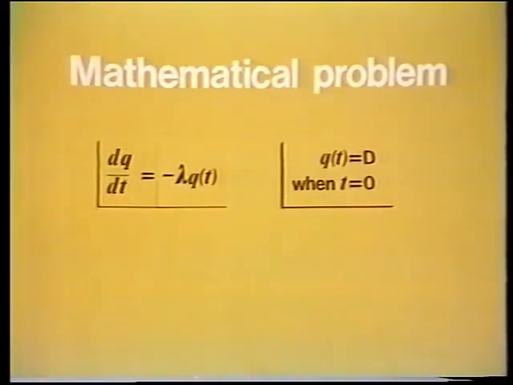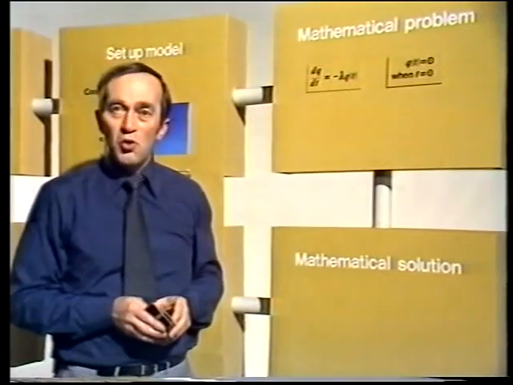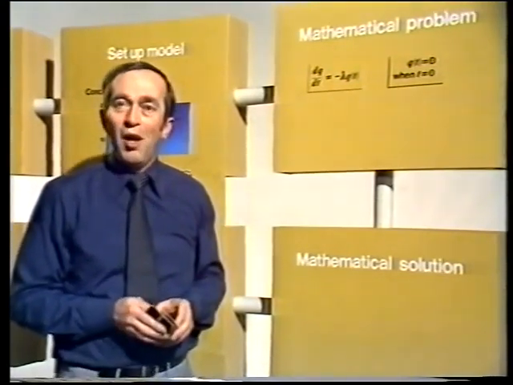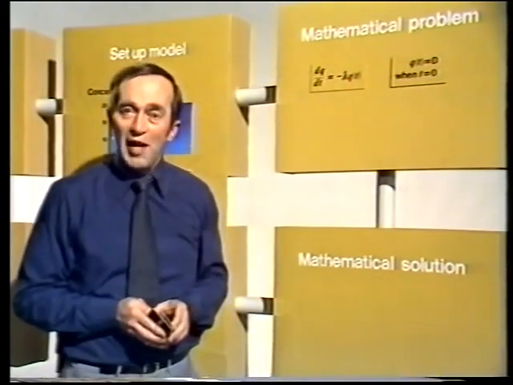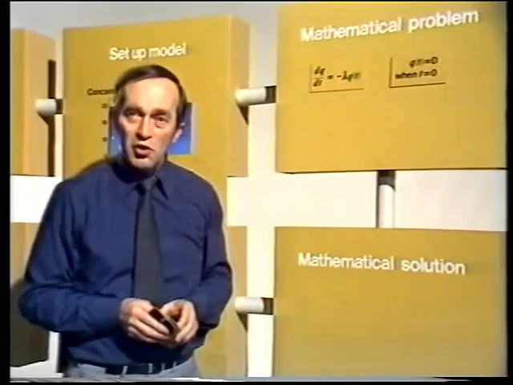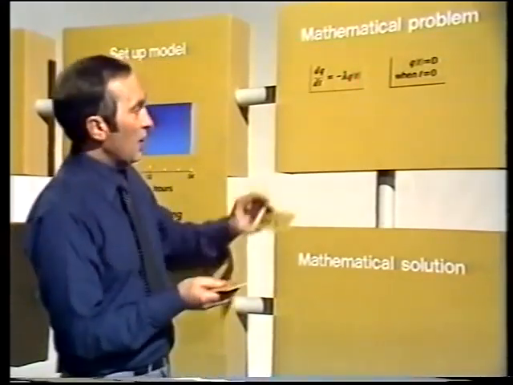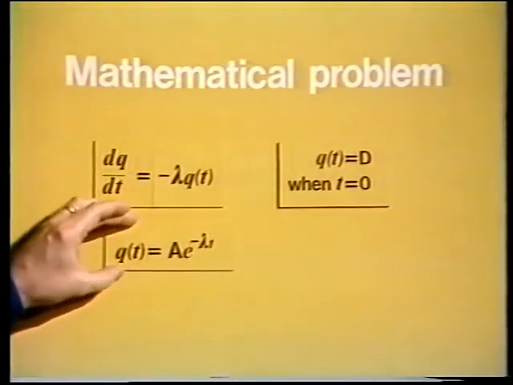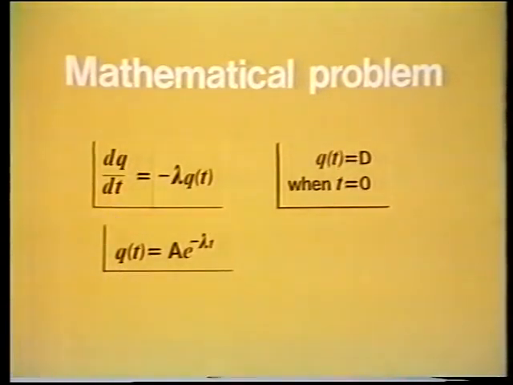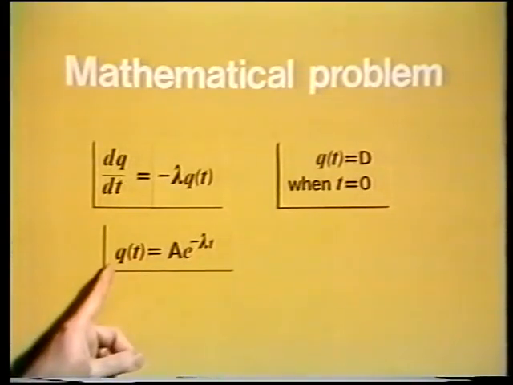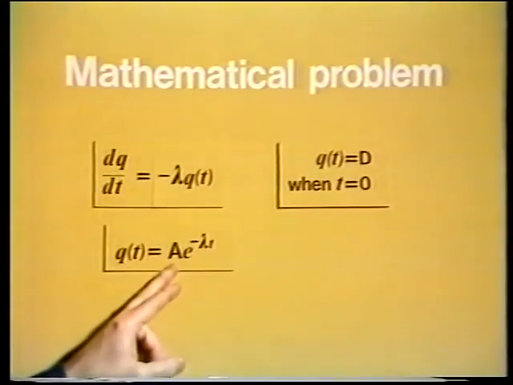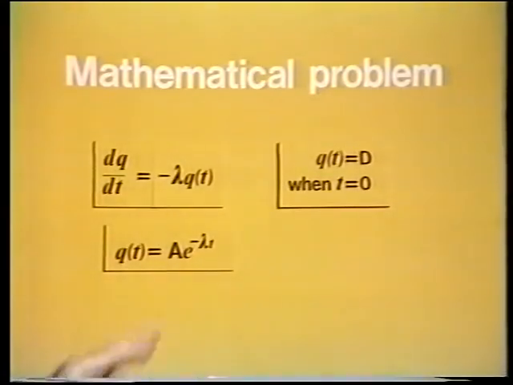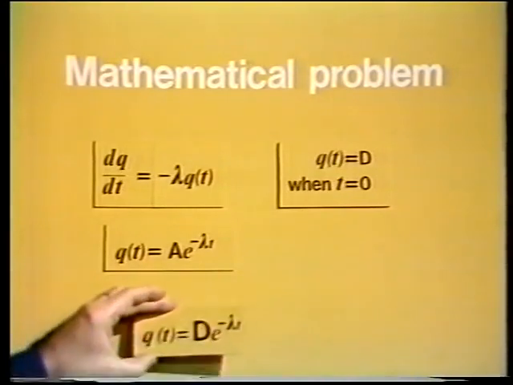Now, that differential equation appears in the text in a slightly disguised form. There, Q was the quantity of uranium, and the rate at which the uranium decreased was proportional to the quantity there at any time. And the solution of that differential equation is the same exponential law of decay. If, in fact, this solution is to satisfy this condition, then it simply means that the constant A, which remember could be anything, has got to be equal to D, the initial dose.